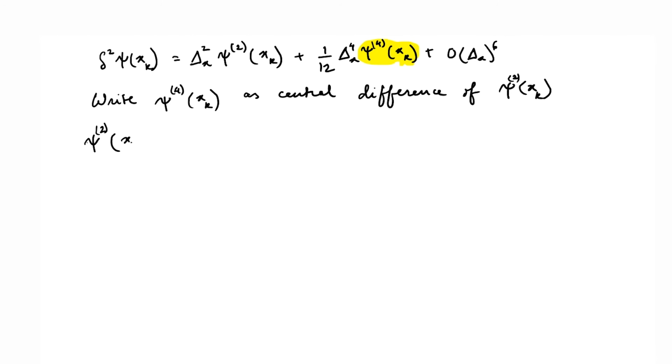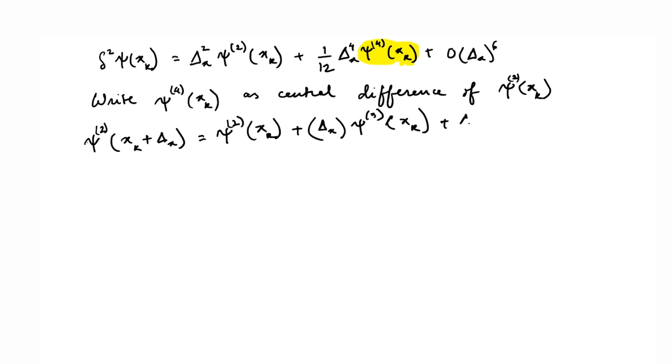So, we write psi 2 at x k plus delta x, that is k plus 1, as psi 2 x k plus delta x psi 3 at x k plus delta x square by 2 psi 4 at x k plus other higher order terms.